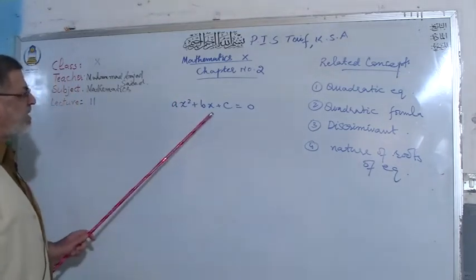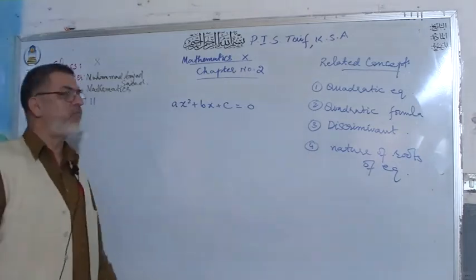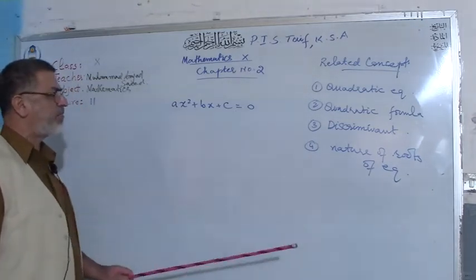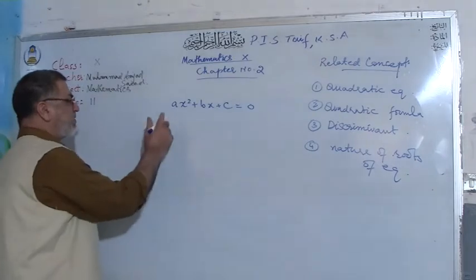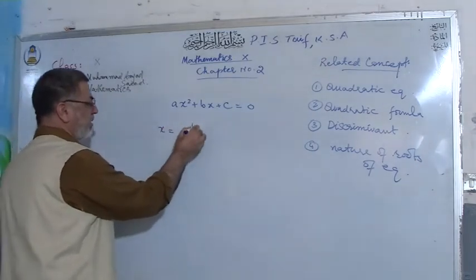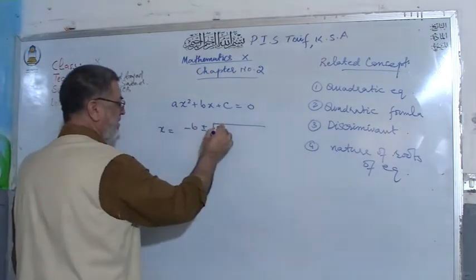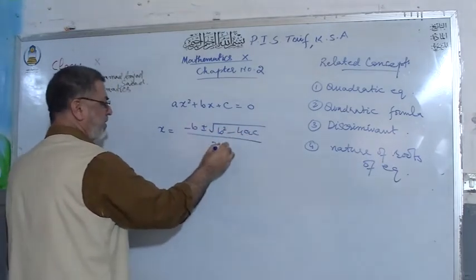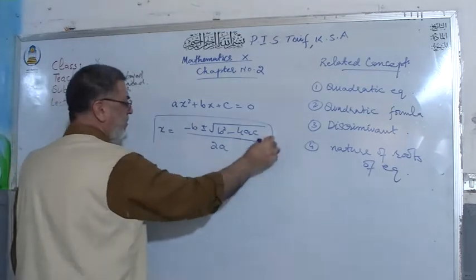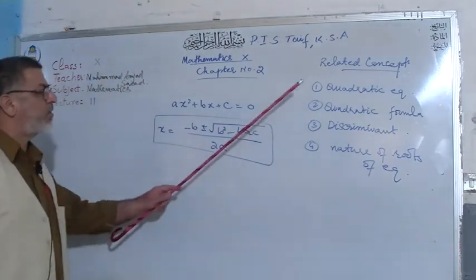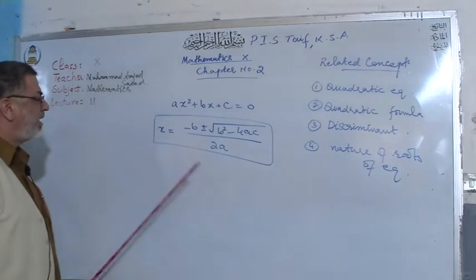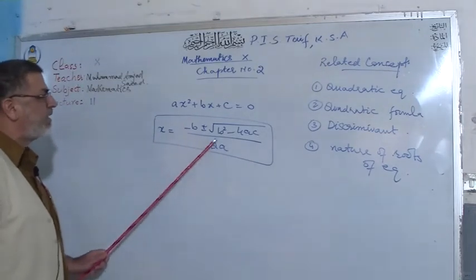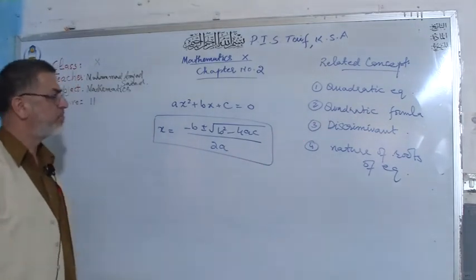After writing this standard quadratic equation, we have solved this in previous chapter and its solution set was x is equal to minus b plus minus square root of b square minus 4ac over 2a. That was your solution set of your quadratic equation, and this solution set is basically known as quadratic formula.